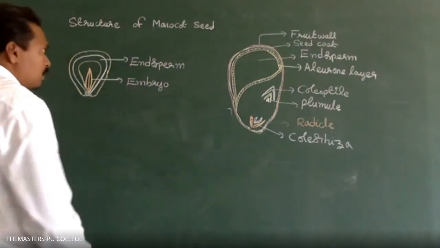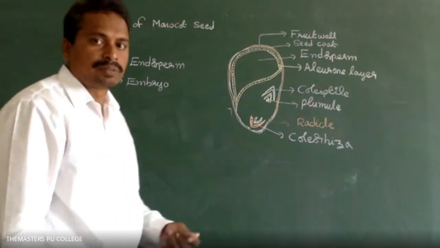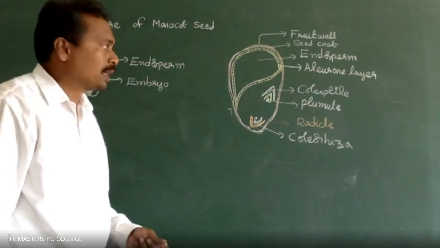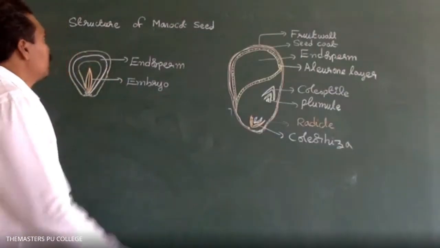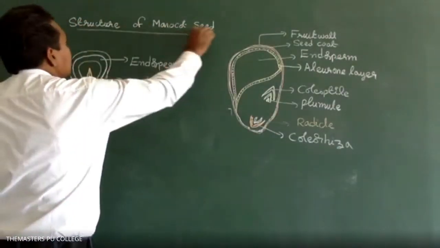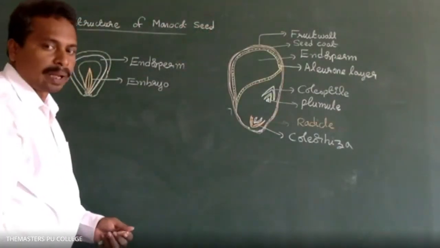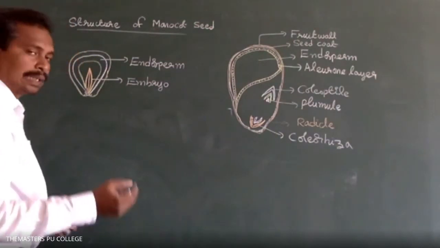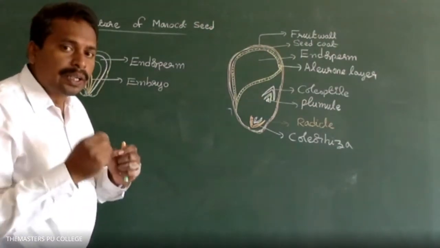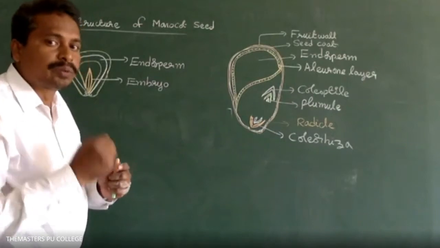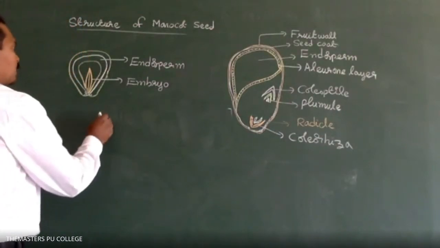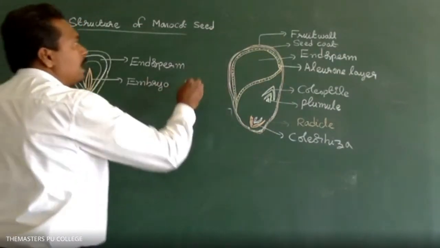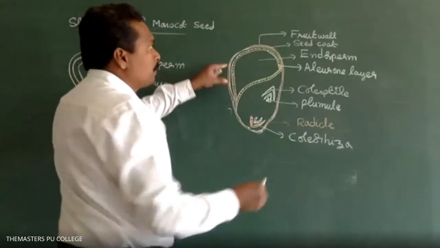Today we will discuss the structure of monocot seed. Have you completed these diagrams? Yes, sir, completed. In monocotyledonous plant seeds, the seed coat is fused with the fruit wall. Look here in this diagrammatic representation.